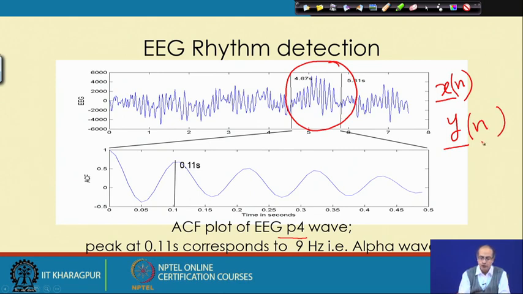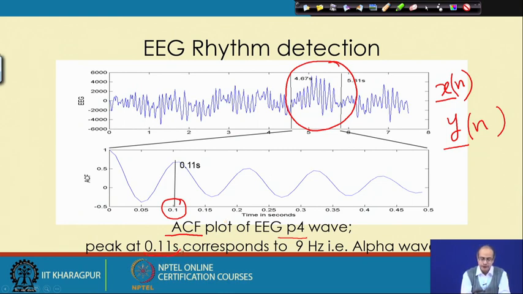Now, because it is taken from the same signal, we call it a special case, that is ACF. So, we compute the autocorrelation function or ACF, and we get that ACF has a number of peaks. The first peak occurs at about 0.11 second.